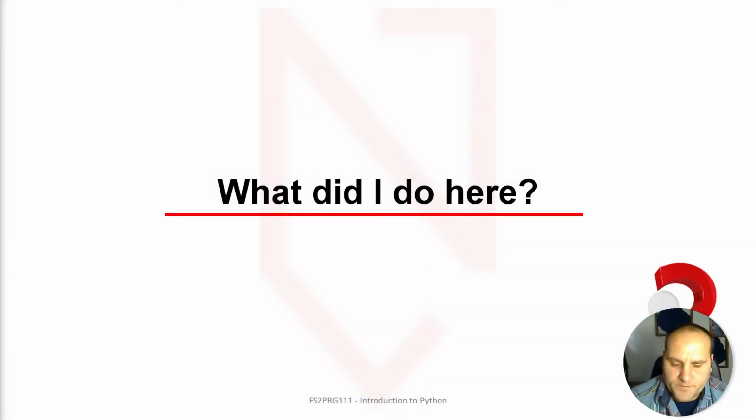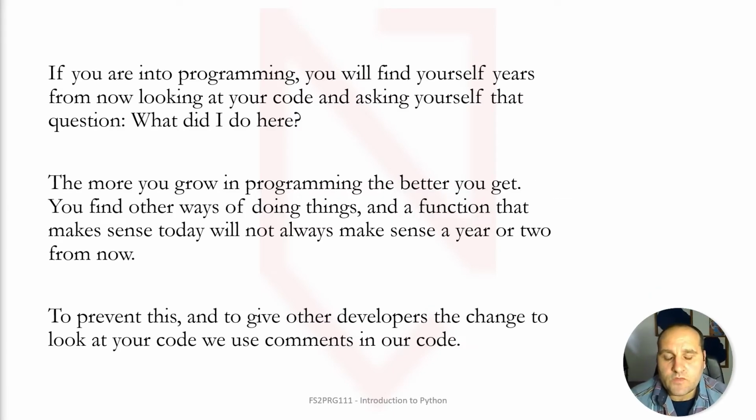Sometime in our code, we would do something. We would use a function or a loop or assign a variable or change something, and we might not know why we did that in a couple of months. What we do with coding and what's very important is that we comment our code.